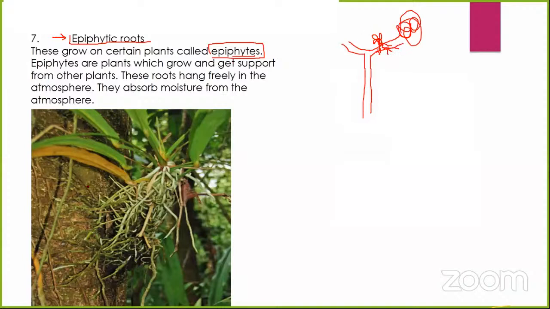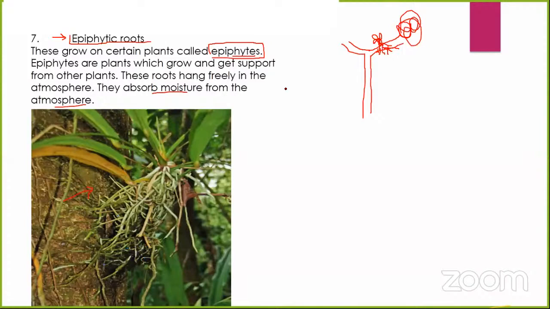And you can see this is an example. What are the roles of those roots? One of them is absorbing moisture from the atmosphere, because you're going to find some hanging or attached on the tree where it's growing, and then some are just hanging.